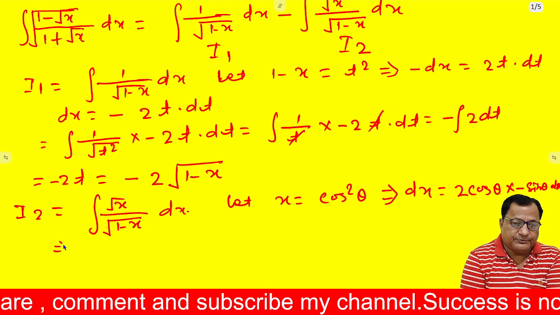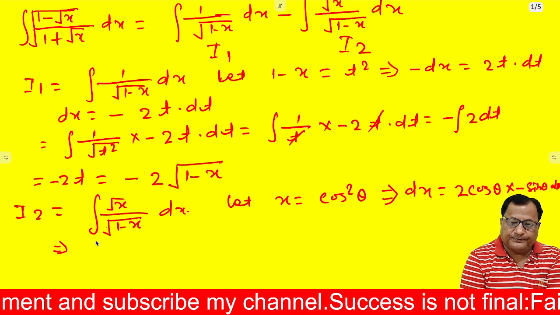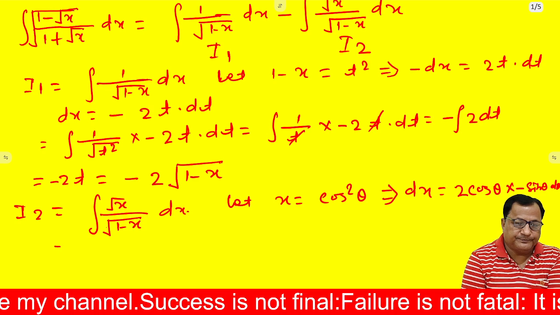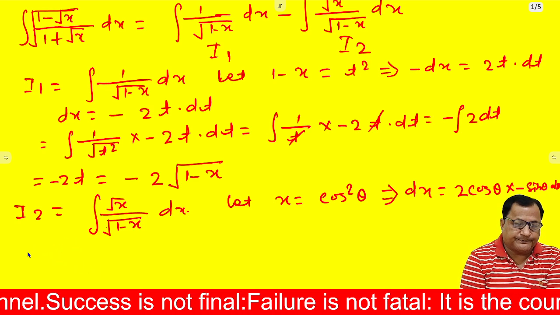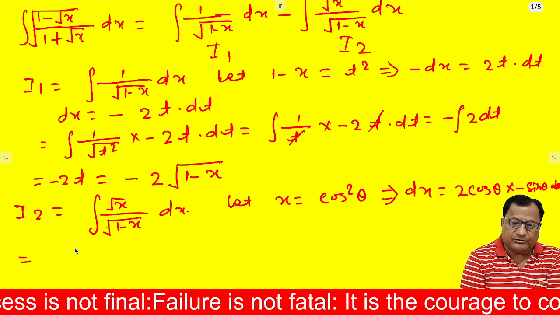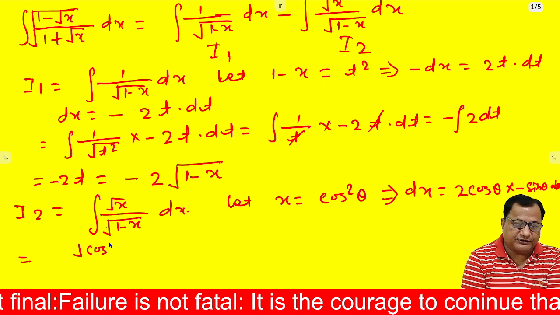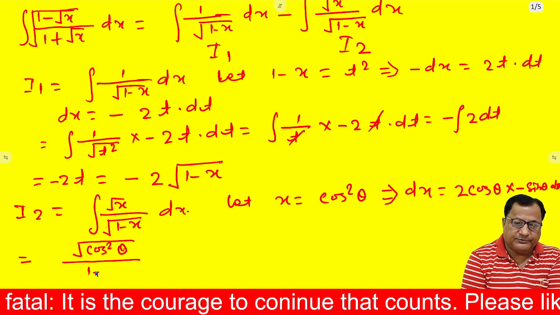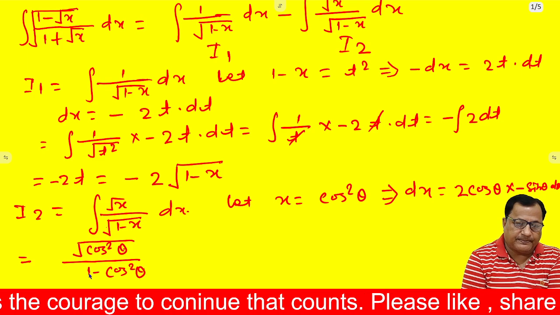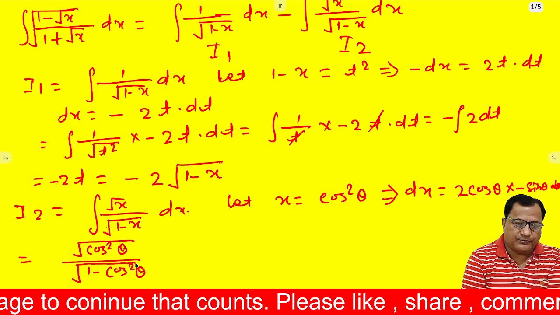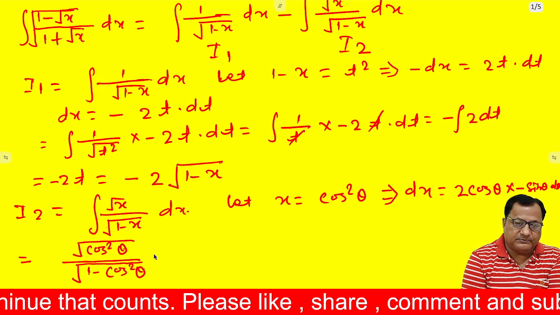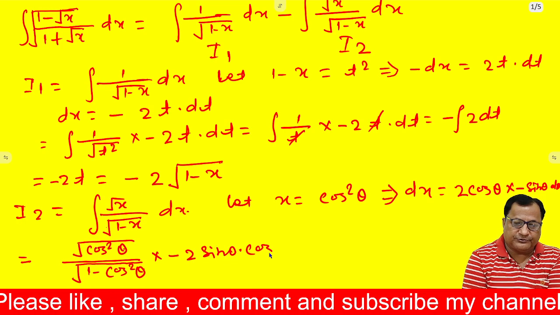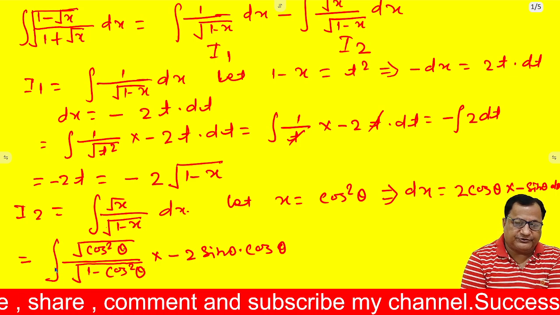Now we'll put the values. Root x means root under cos square theta, divided by root under 1 minus cos square theta, and dx is equal to minus 2 sin theta into cos theta d theta.